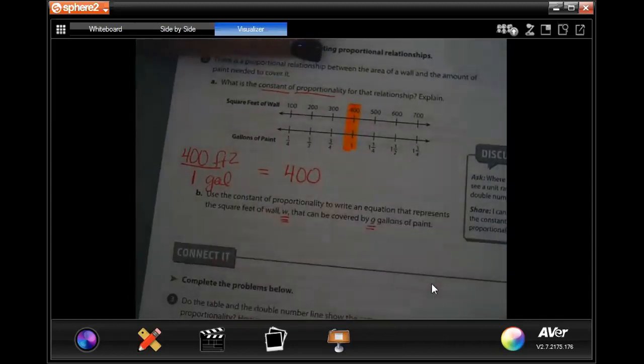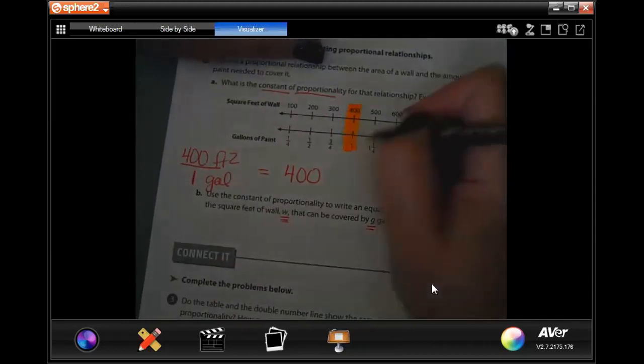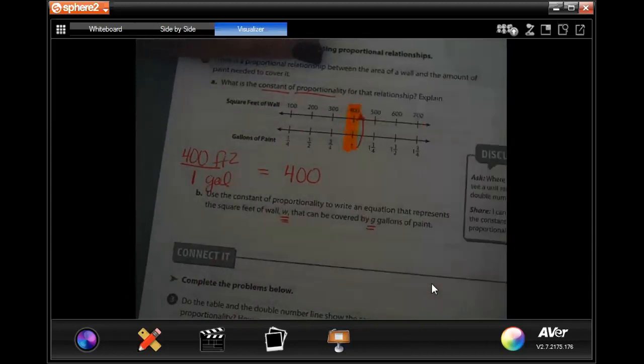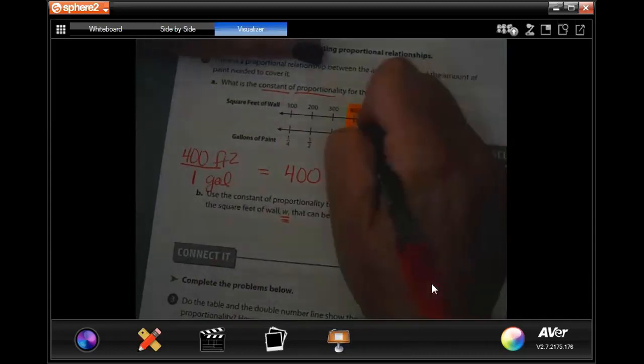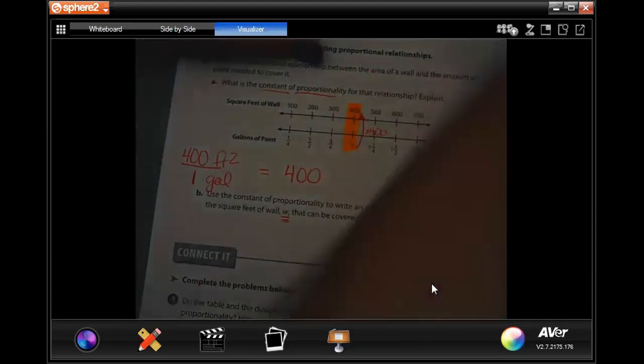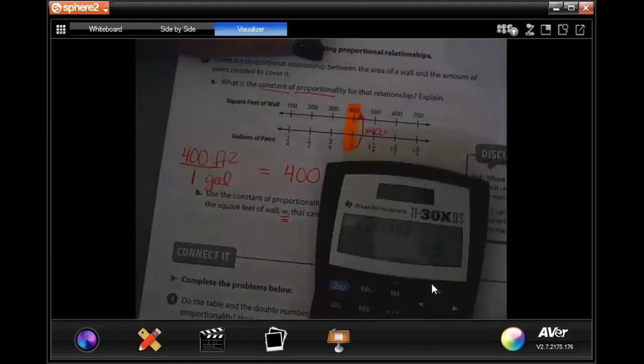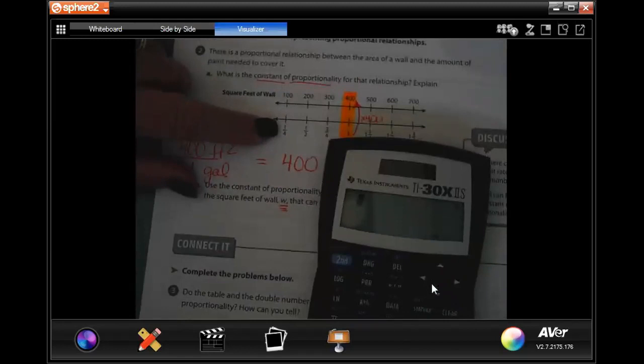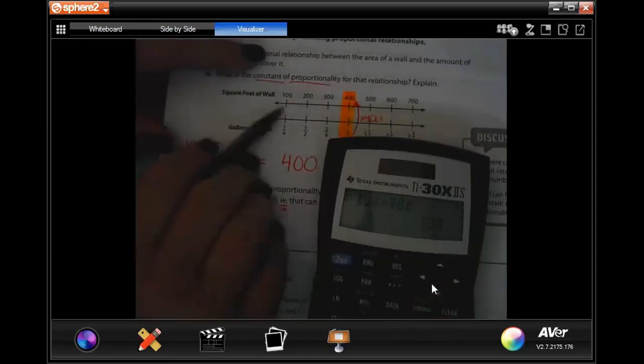Well, let me ask you, what do you do to G to 1 to make it 400? We multiply it by 400, right? Well, look at this. Watch this. Just to prove to you, 1/4 times 400, what do you know? It comes out to be 100.